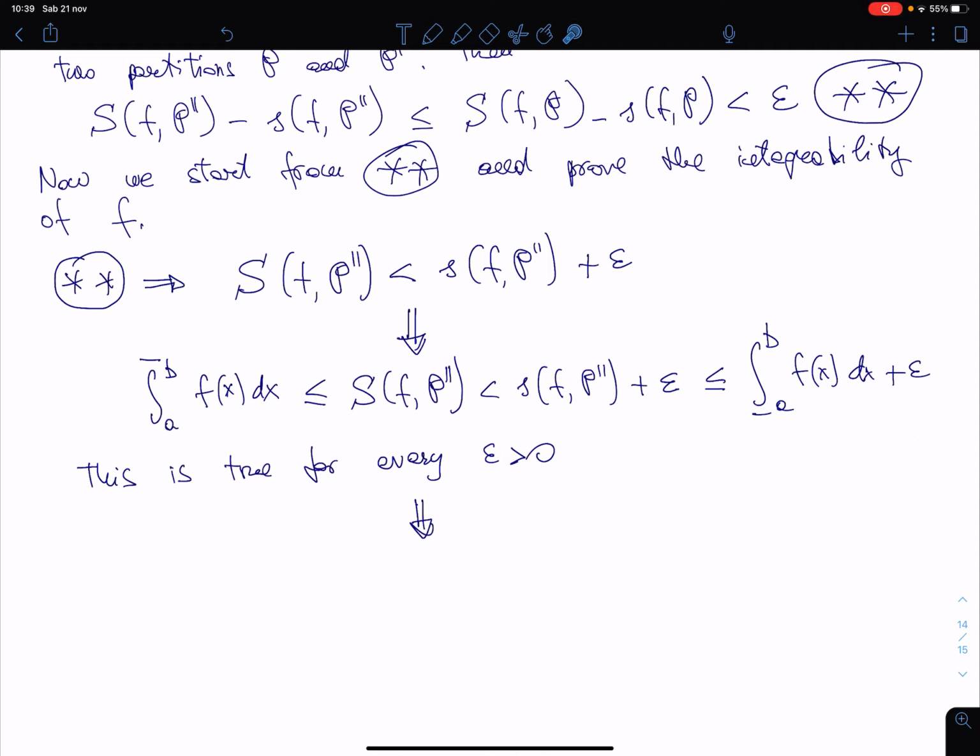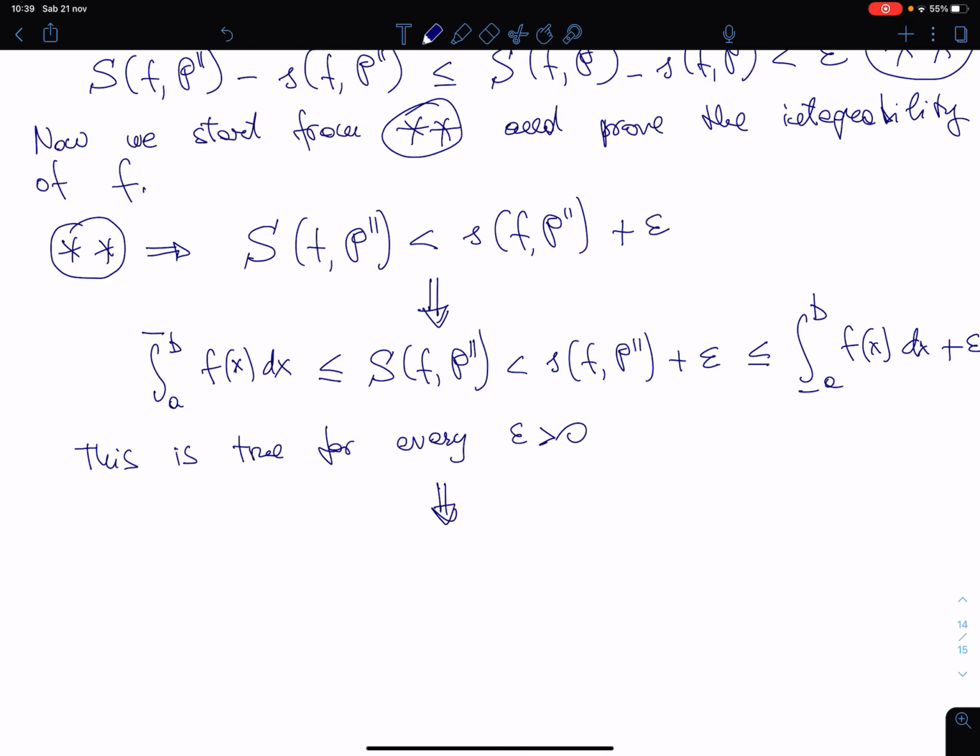So what we have from here is that the upper integral is less than the lower integral, and by definition this must be less than the upper integral.